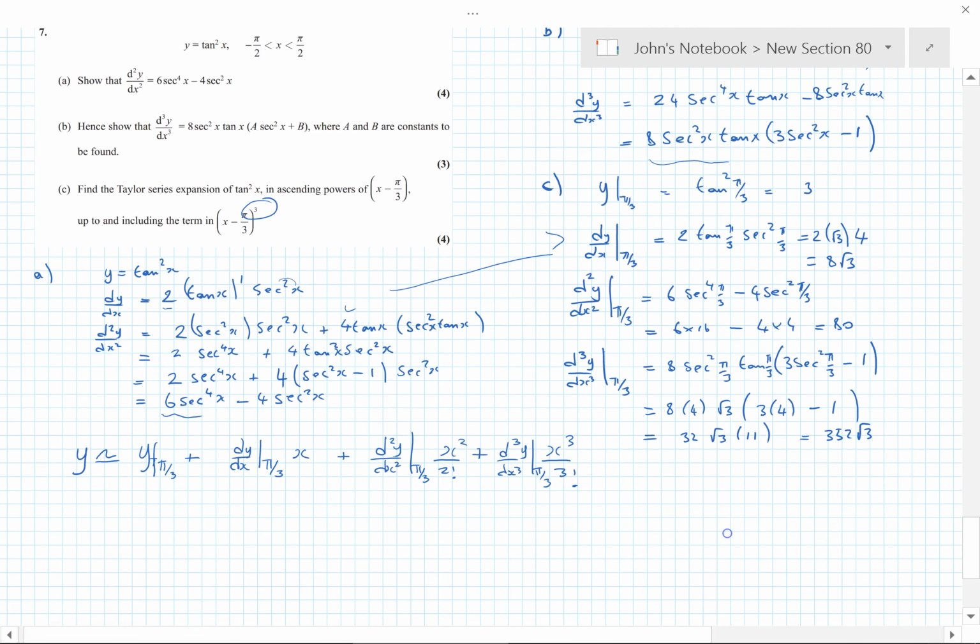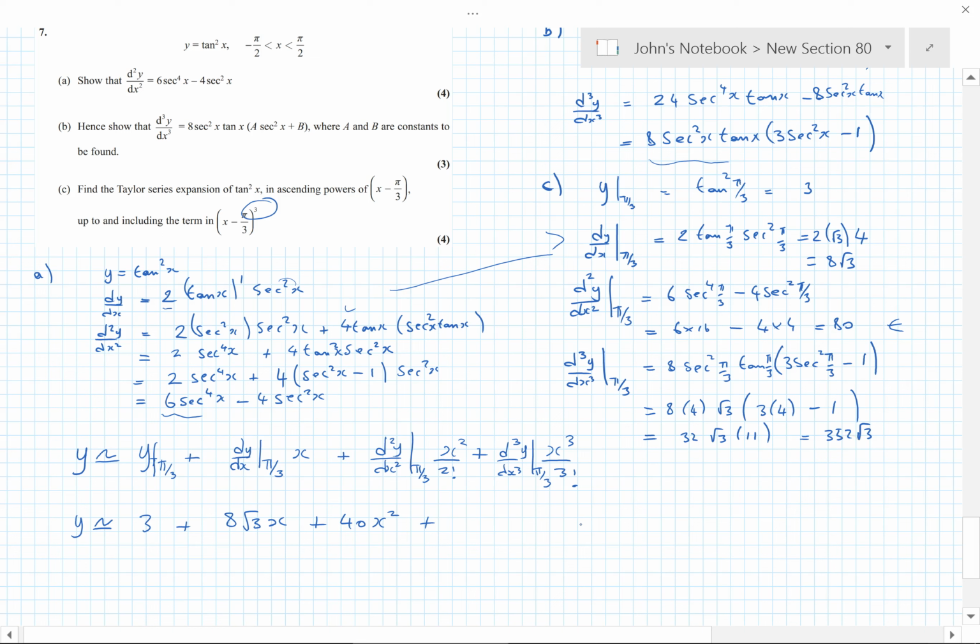Okay, so that gives us y is approximately equal to our value for y, which is 3, plus 8 the square root of 3 times x, plus 80, but that's divided by 2, so that's 40 x squared, plus this number divided by 6.